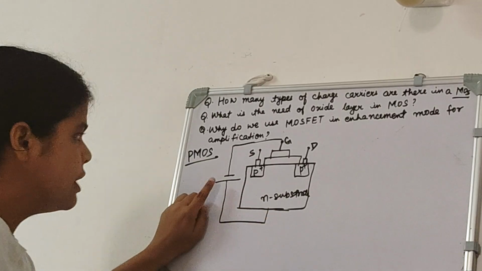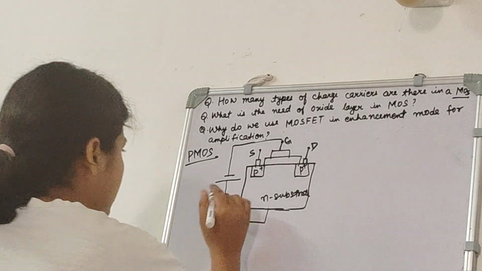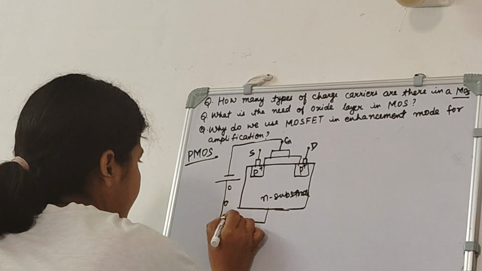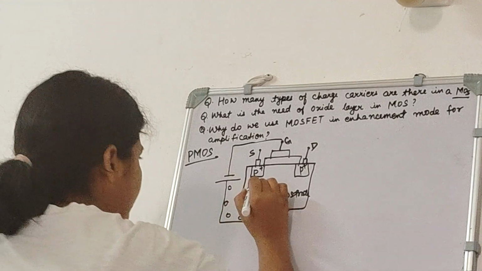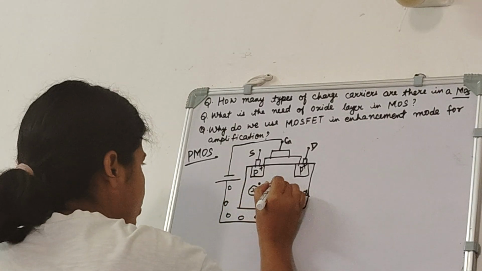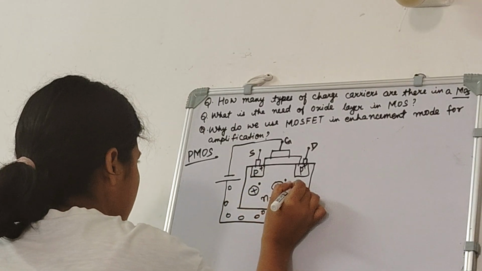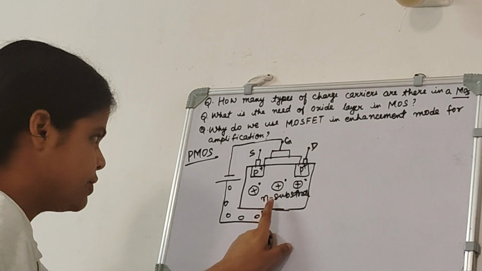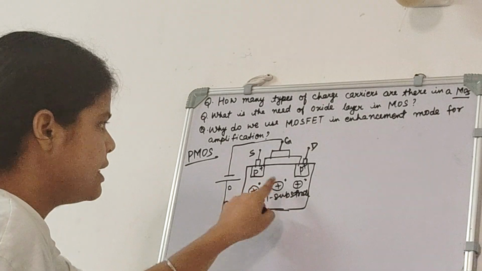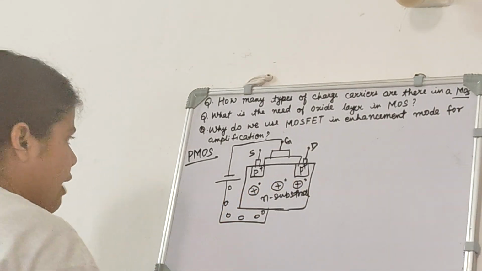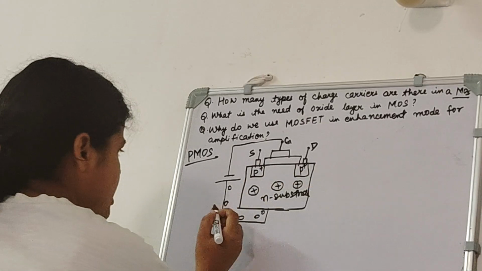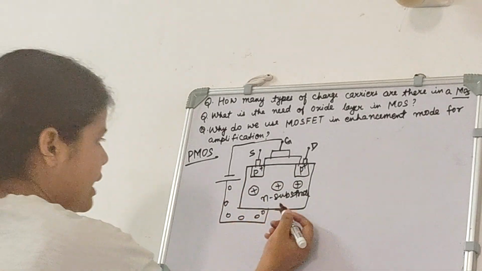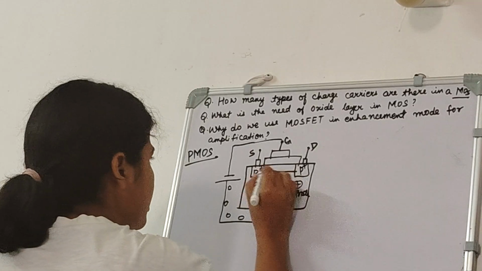And from this positive terminal, holes will come and they will go into the N substrate. And in N substrate, what we have? We have positive ions paired with electrons. So these holes will go into the N substrate and they will combine with these electrons of the N substrate. And after the recombination of all the electrons, still these holes will be coming into the N substrate and they will form here the P channel.